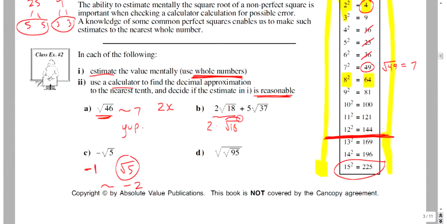It's 2 times, what's an estimate for this? That's the closest one. This is like 4, so that's like 2 times 4. Plus 5 times, what's the closest one to that? That's kind of like 6, right? 5 times 6. 8 plus 30 is 38.